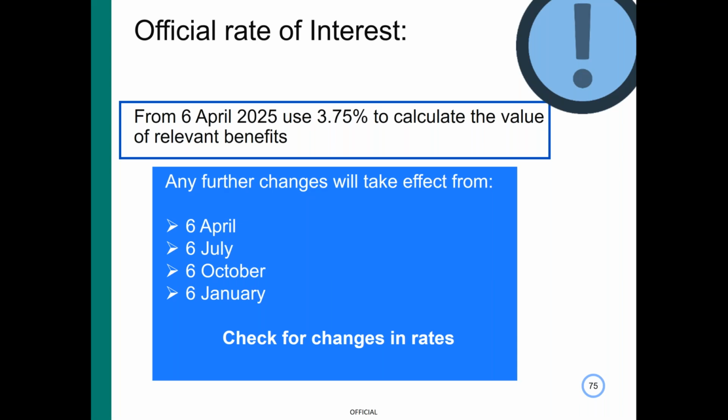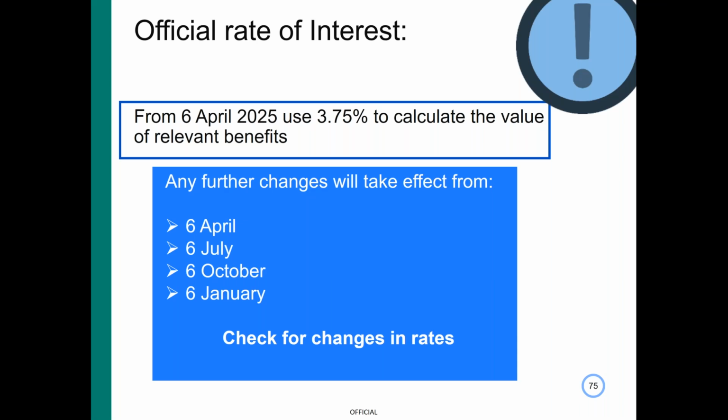The rate will be reviewed quarterly and changes will take effect from 6th of April, 6th of July, 6th of October and 6th of January. If you provide employment-related loans or living accommodation to your employees, you'll need to check for future changes in the rate. Any changes will affect the taxable value of the benefits you provide.